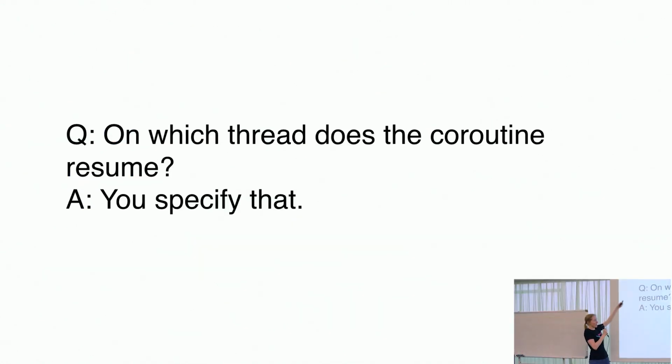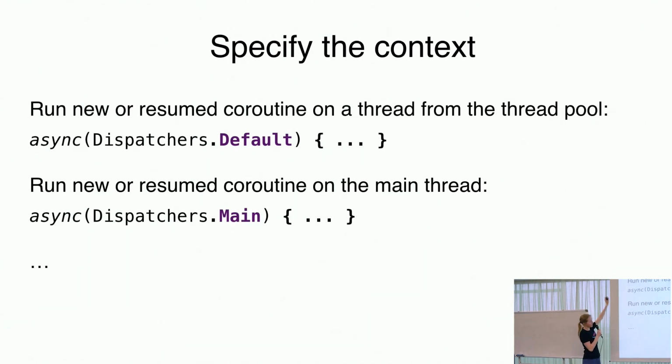You can ask, on which thread does the coroutine resume? And the answer is that you specify that by yourself. You specify the context on which a given coroutine can be run. It might be a thread from the thread pool, or you may want to run this coroutine on the main UI thread only.